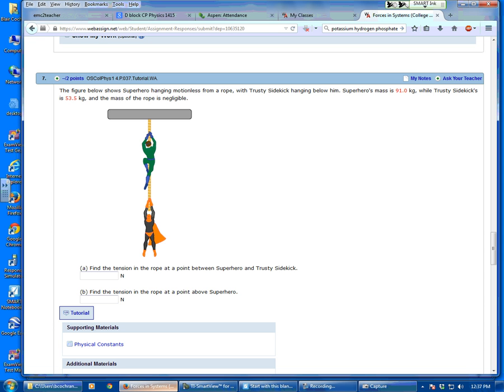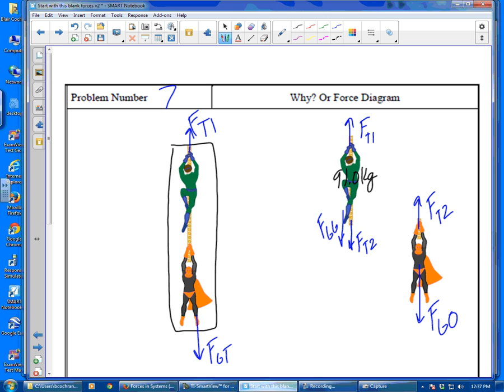And Orange Boy is 53.5 kilograms. So that means the system has an inertia of 144.5 kilograms. Right? Now, you don't have to write those masses in, but it might be helpful.